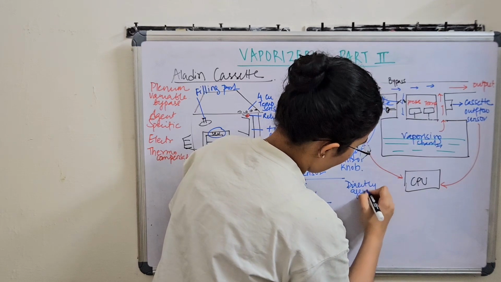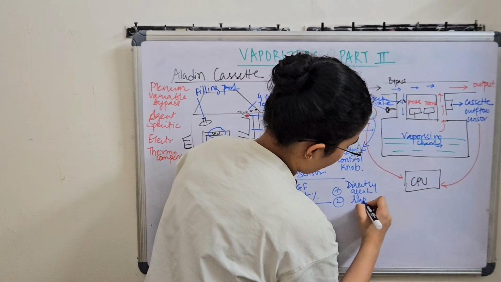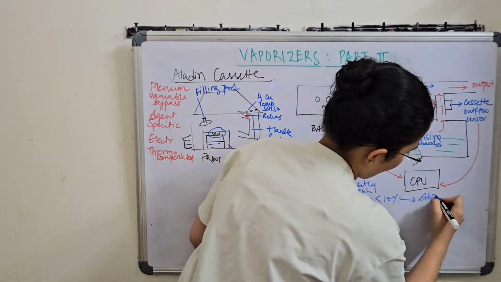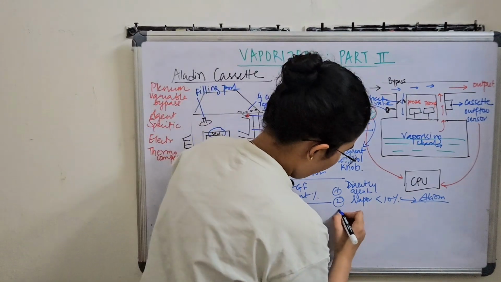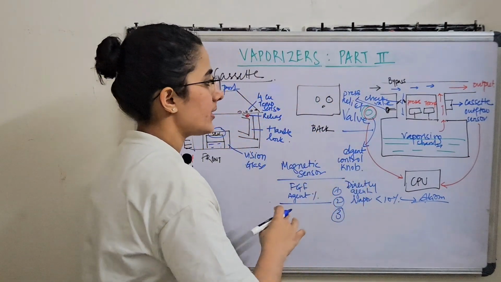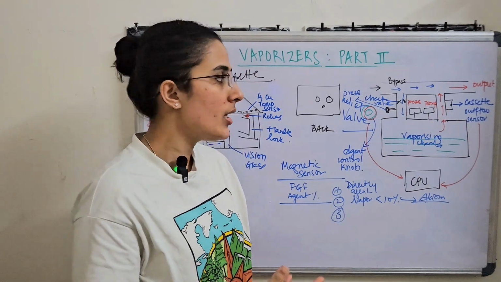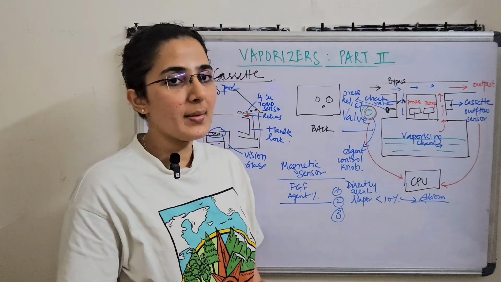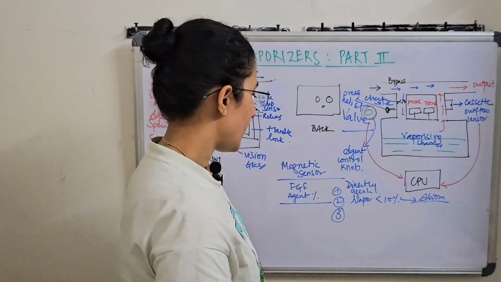Number two, whenever the vapor level becomes less than 10%, it gives an alarm on its own. Also, Aladin cassettes always have to be filled in a horizontal position, that is, you can't tilt and then fill it, and always turn off the vaporizer before filling the Aladin cassette.